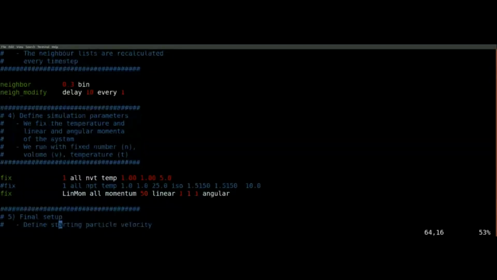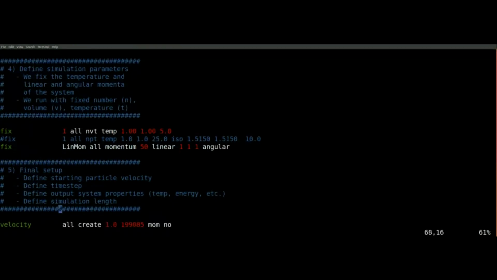So moving back swiftly to our code, after our fixes, we have our final setup. The first step is I'm telling LAMMPS, at the start of our simulation, I want to set particle velocity. I want all my particles to have a random velocity.